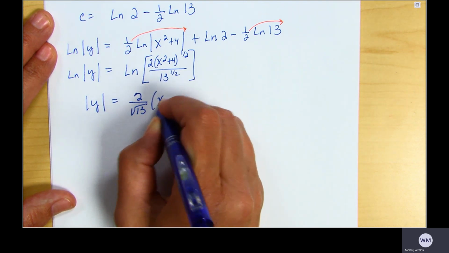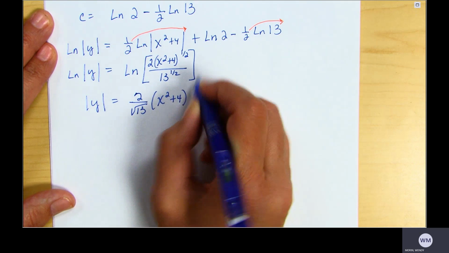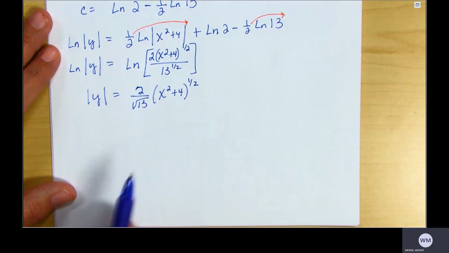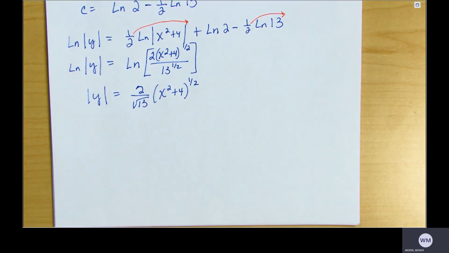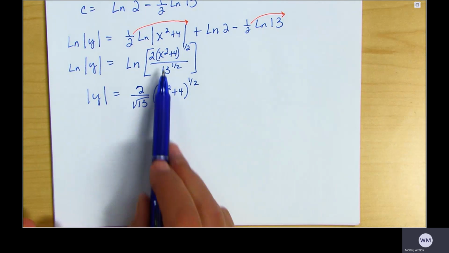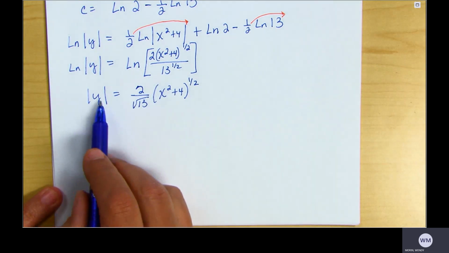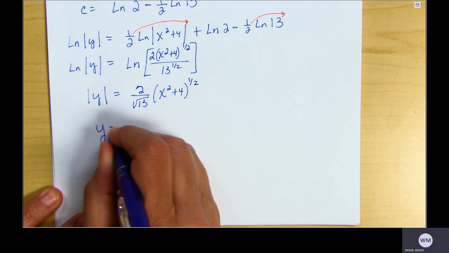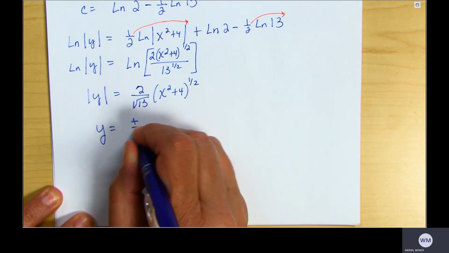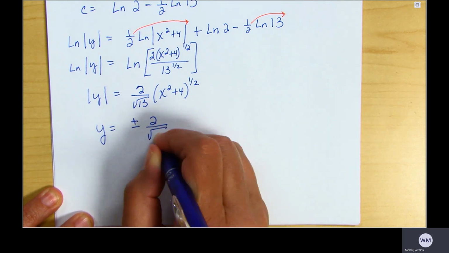I'm just going to write it like this. This is the same thing. So if the absolute value of y equals this, then y either equals plus or minus all of that.